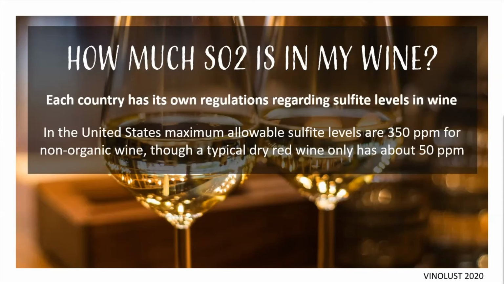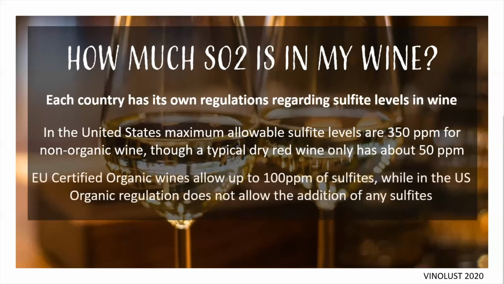So that's where we get into these advanced labelings of certifications for organic, for biodynamic, things like that. This will get tricky because, as we talked about last month, organic and biodynamic mean different things whether you're in the EU or in the United States.